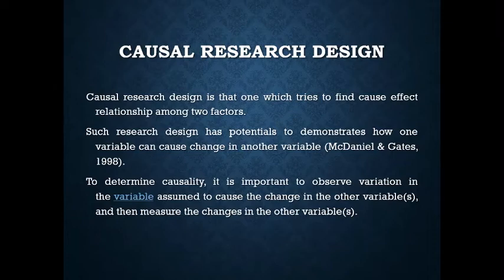Such research design is a very potent type of research design, and it has potential to demonstrate how one variable can cause change in another variable. While to determine the causality, it is important to observe the variation in the variable assumed to cause the change in other variable, and then measure the changes in the other variable.